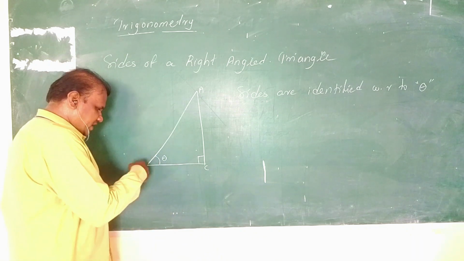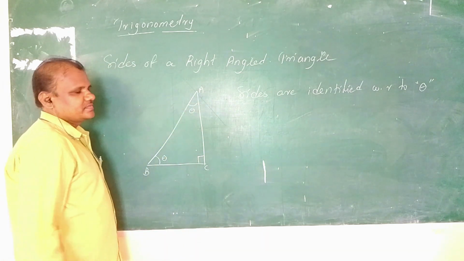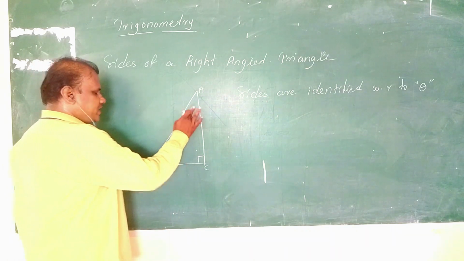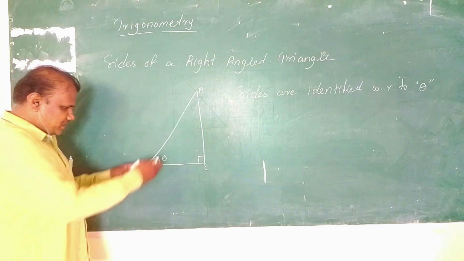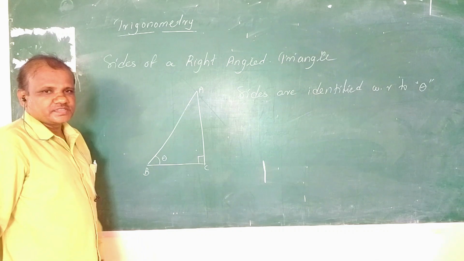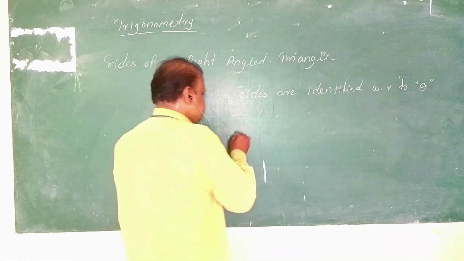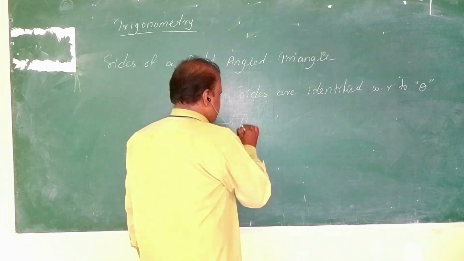Here the angle you can take at B, or the angle you can take at A. In this example I am going to define the three sides of the triangle with respect to this particular angle located at the corner B. First of all, we will define what is meant by hypotenuse.